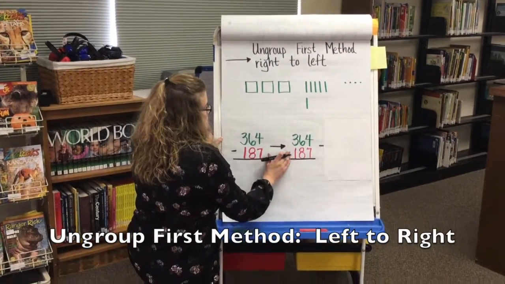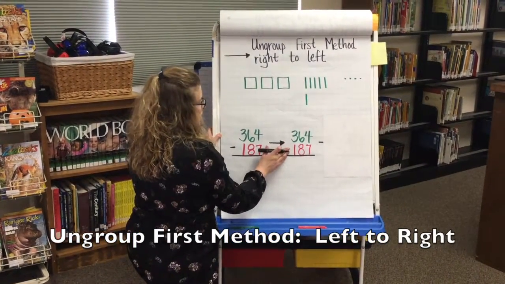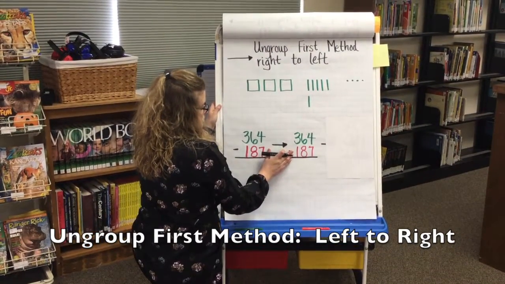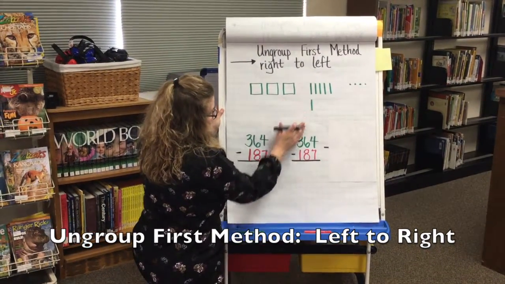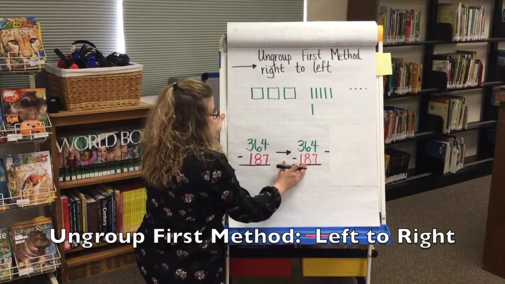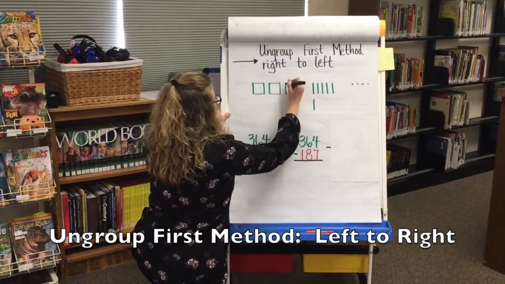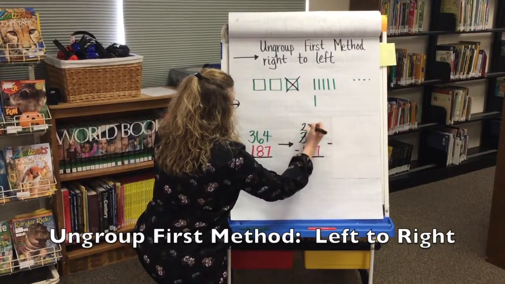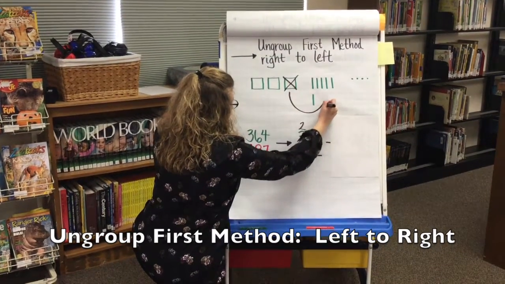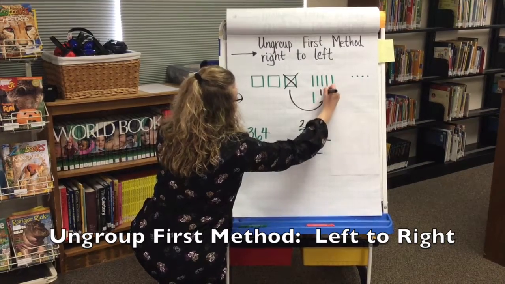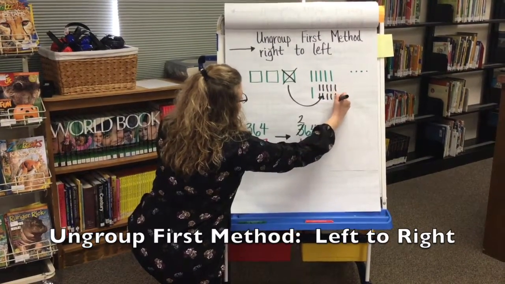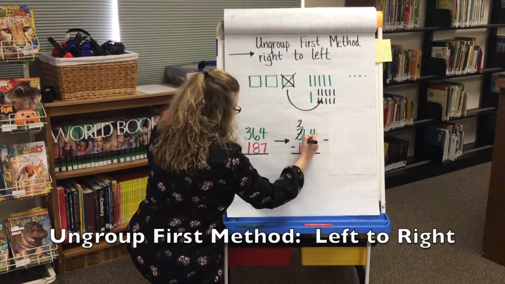Looking at my 364, I'm going to ask myself, do I have enough hundreds to take 100 away? I do. Do I have enough tens to take 8 away? I do not. I need to ungroup 100 and replace 10 tens, which now gives me 16 tens.